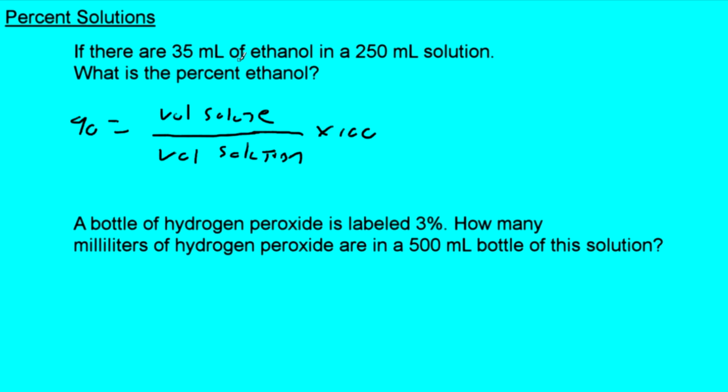Okay, so it's our 35 milliliters. Remember, the solute is always the one that's in the least amount, so you're going to put that on top. It says our solution is 250. Simply do this math, and that comes out to 14%.